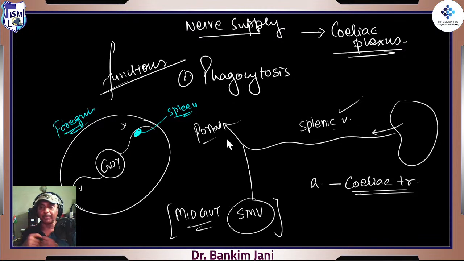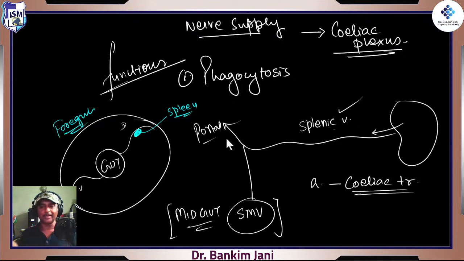When we say supply, supply means it is giving. It means from the heart, the blood is given to that organ. So that means we are dealing with artery. When we talk about the vein, veins will drain. So I would correct that statement like this: which tributary of superior mesenteric vein would drain spleen? If the question is to be asked, it has to be asked like that.